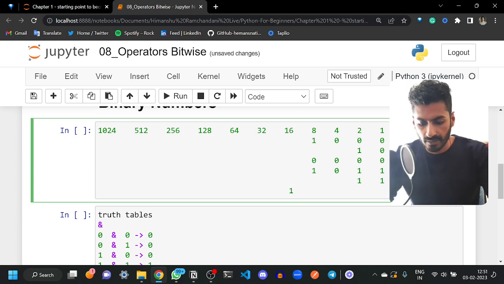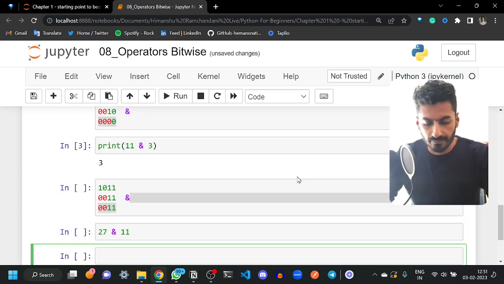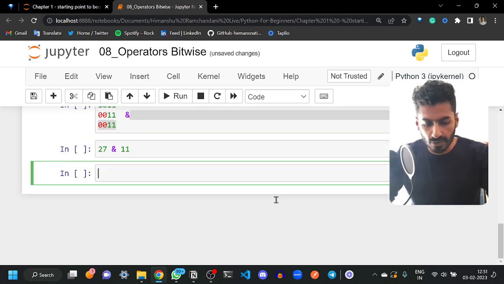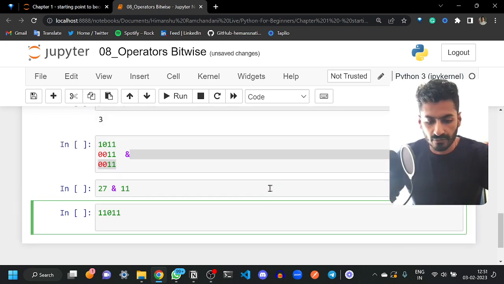Plus 8, this will not be considered, plus 2, plus 1. So 16 plus 8 will be 24, plus 2, 26, plus 1, 27. So 11011 will be the binary of 27.